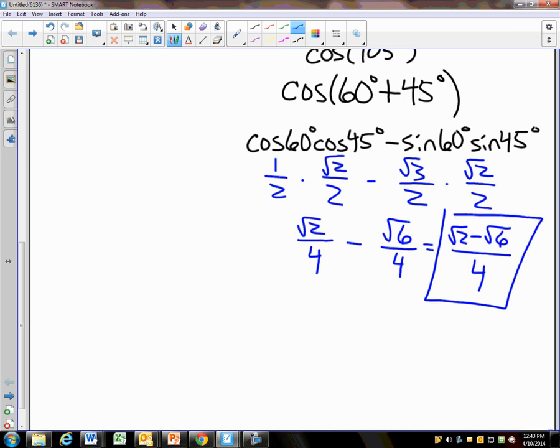That's what we get. Yes, almost always you will come up with root of 2, root of 6 over 4. So, you see the pattern.